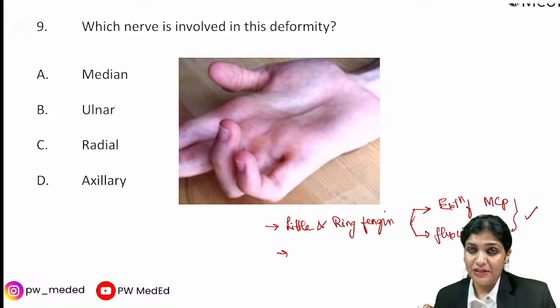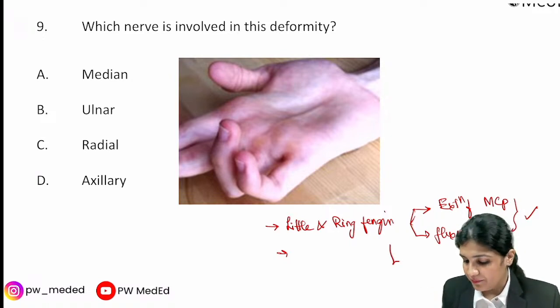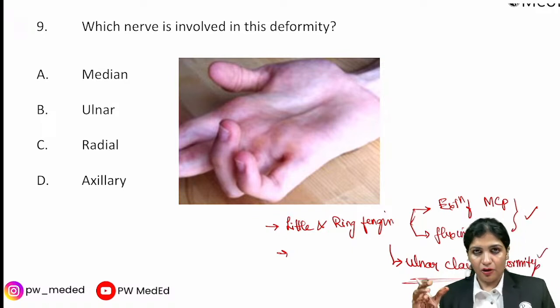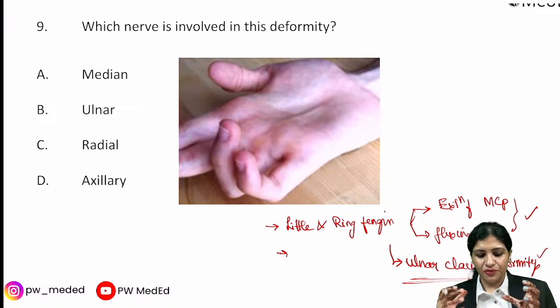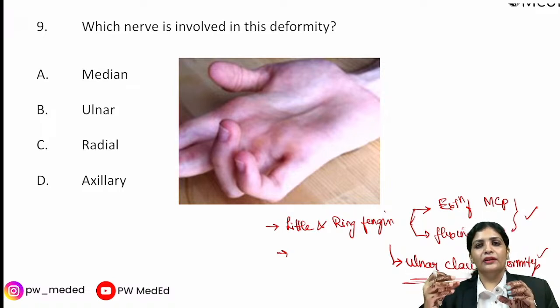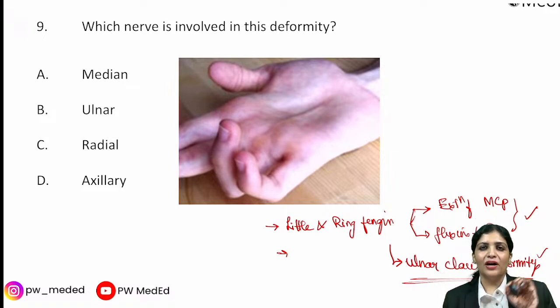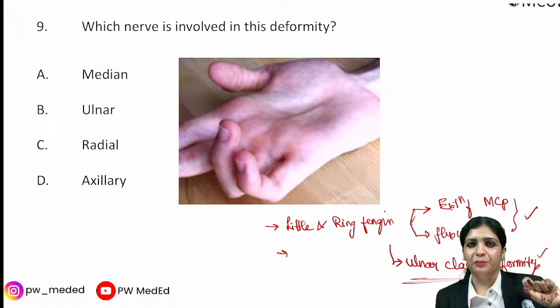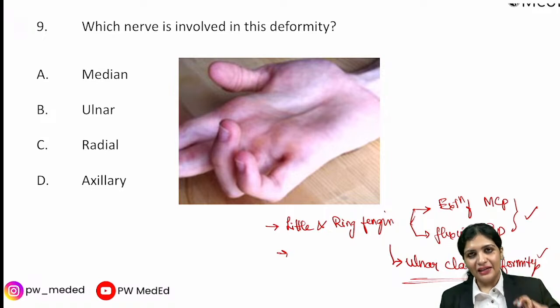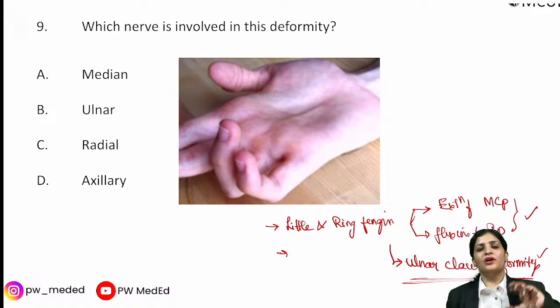And this deformity is called the classical ulnar claw deformity, right? This ulnar claw, if you remember, is because of your ulnar nerve. So why ulnar nerve? Because the ulnar nerve supplies all the intrinsic muscles of the hand, and one such intrinsic muscle is the lumbricals. Here the lumbricals get damaged, and this is called reverse of lumbricals.